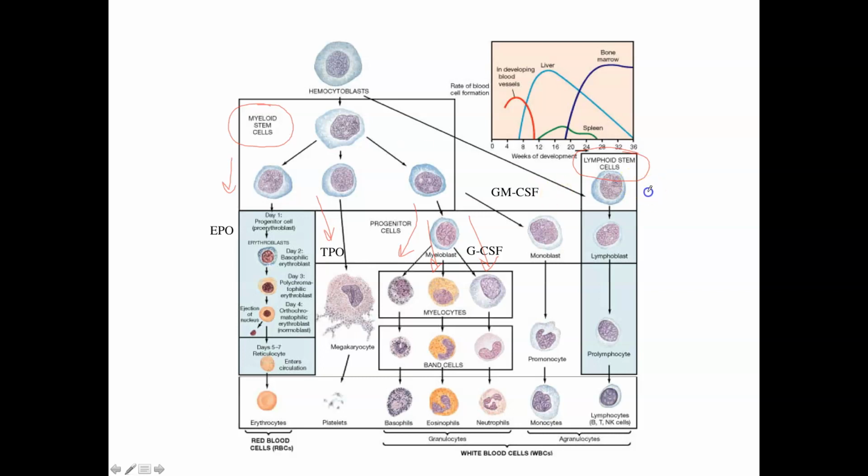The lymphoid lineage is designed to produce types of lymphocytes, so B lymphocytes, T lymphocytes, and then other varieties of cells like natural killer cells. So the lymphoid lineage is specific for the lymphocyte line. Myeloid stem cells are specific for other types of cells within the bone marrow.